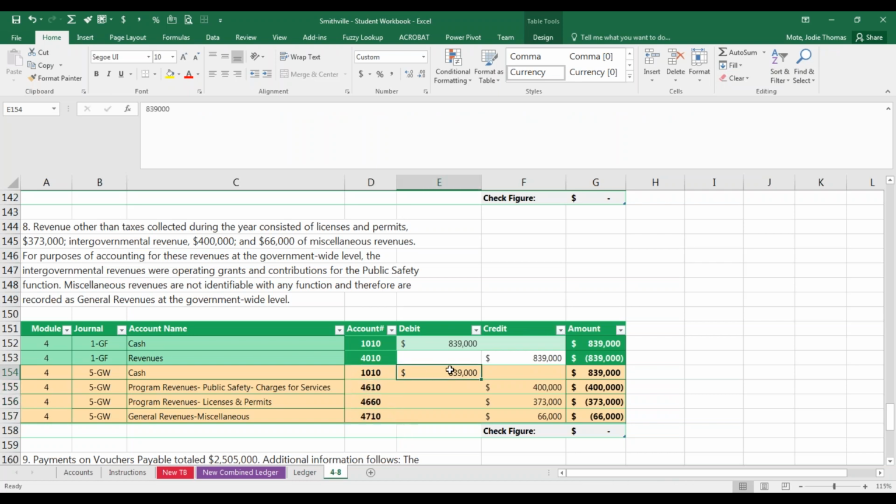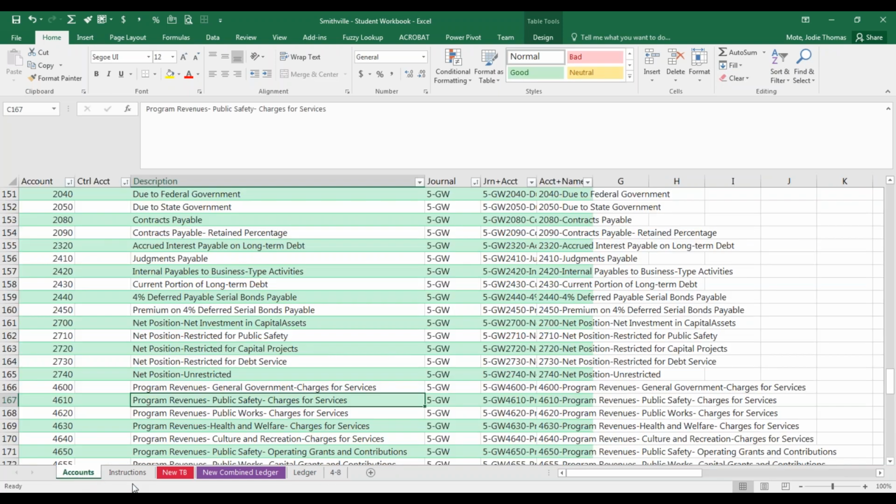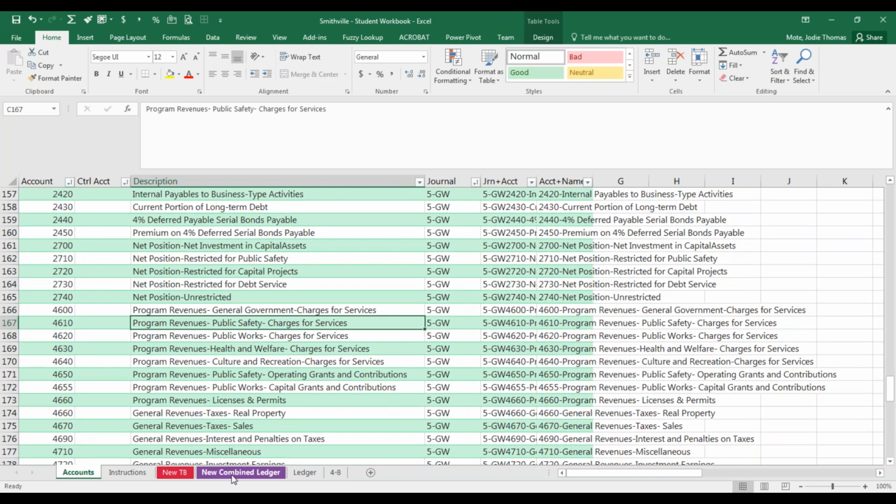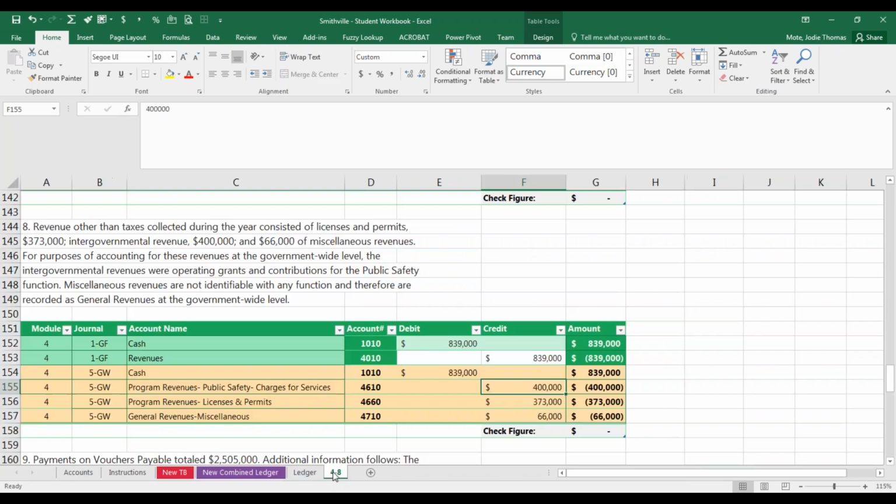You're debiting cash just like you did with the general fund, crediting program revenues for public safety for $400,000. And actually, I thought there was a better account for that. Maybe not. General revenues. Okay. Again, I'm trying to use the Smithville accounts here to help you a little bit, so it might not be perfect.